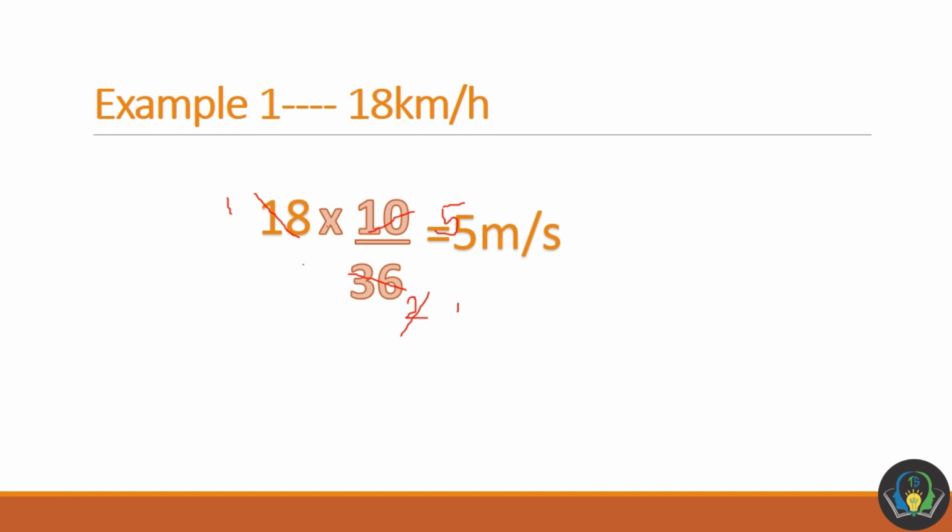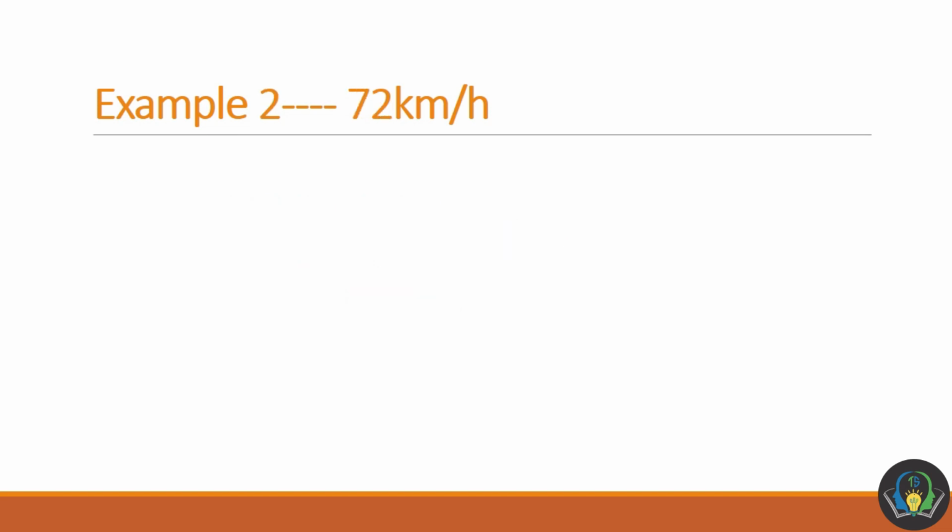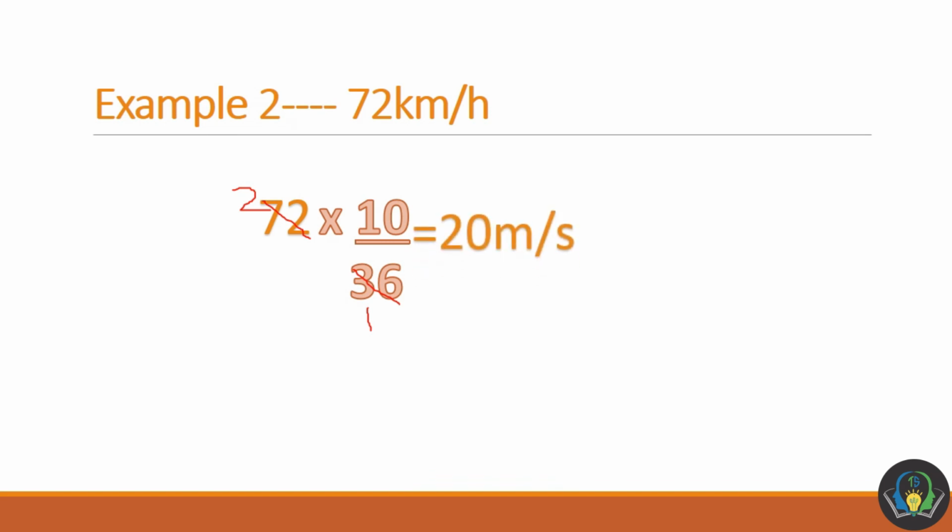Let us have a look at the second example. 72 km per hour. I want to convert it into meter per second. So again, multiplying it with 10 upon 36. Same procedure. 36 times 1, 36 times 2, and yes, you guessed it right, 2 times 10 will be 20 meter per second.